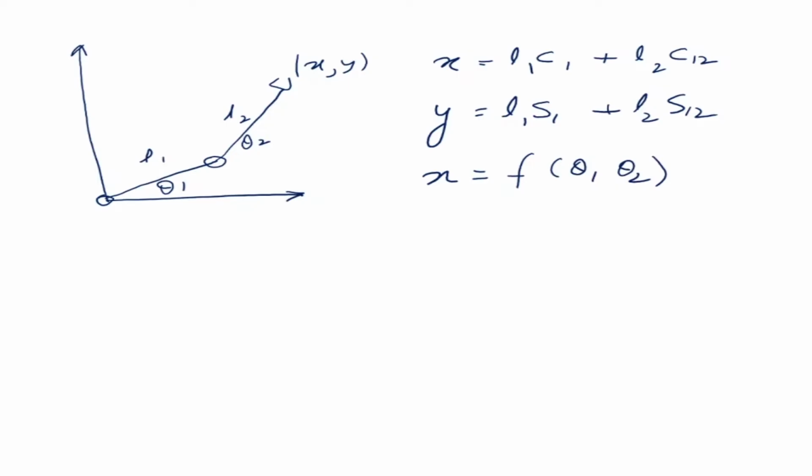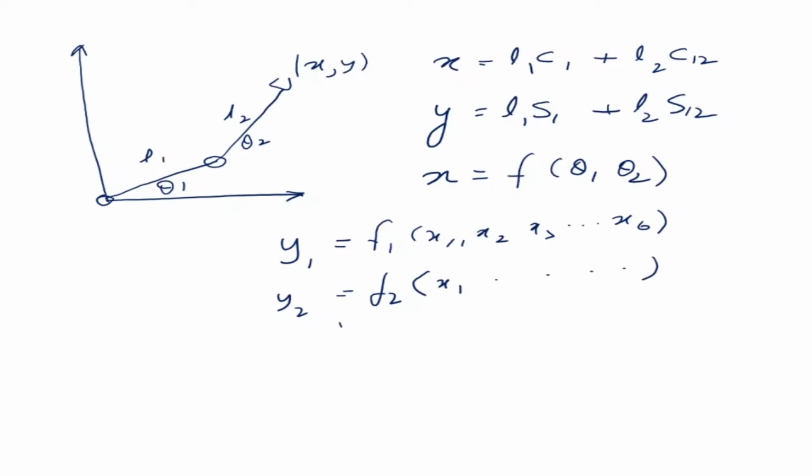Now if we have a relationship like this, let me look at the general case where y1 is a function of x1, x2, x3 up to x6, just for example, and y2 is a function of x1 up to x6 similarly, up to y6 is a function of x1 up to x6 like this.